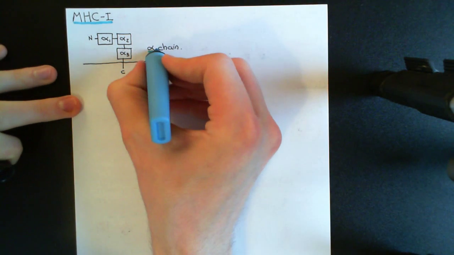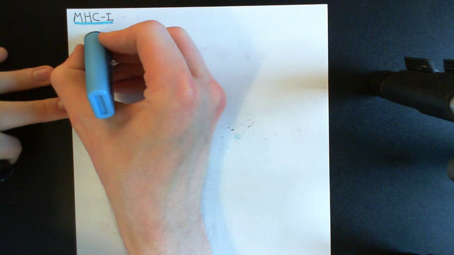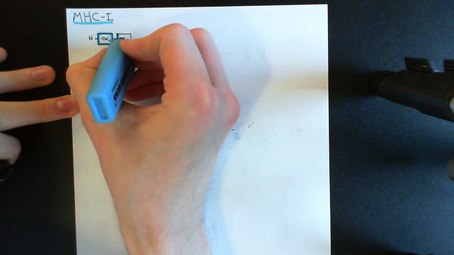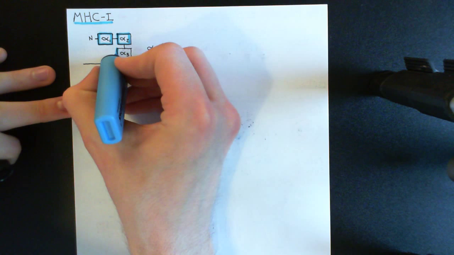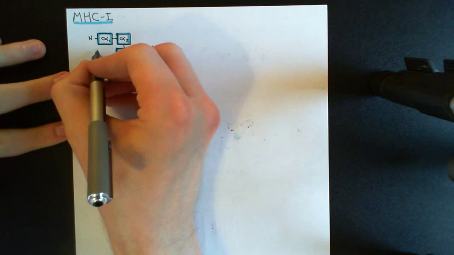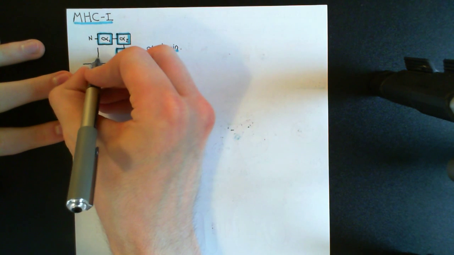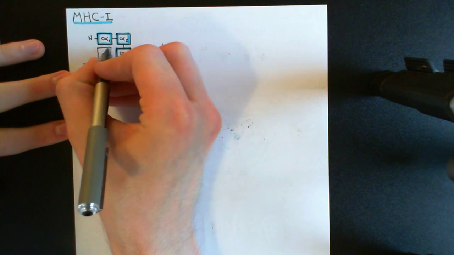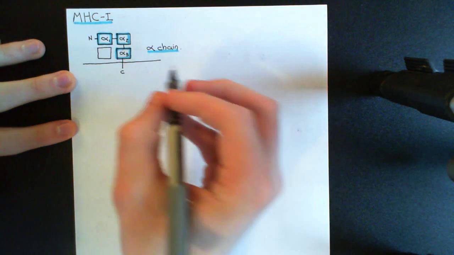Okay, so I'll just colour in the alpha chain here in blue. That's the alpha 1 domain, the alpha 2 domain, and then the alpha 3 domain. And this is the big polypeptide that makes up the MHC Class 1 complex. The second polypeptide that makes up the MHC Class 1 complex is much smaller, and that has 1 equivalent domain to these 3 domains that the alpha chain has.